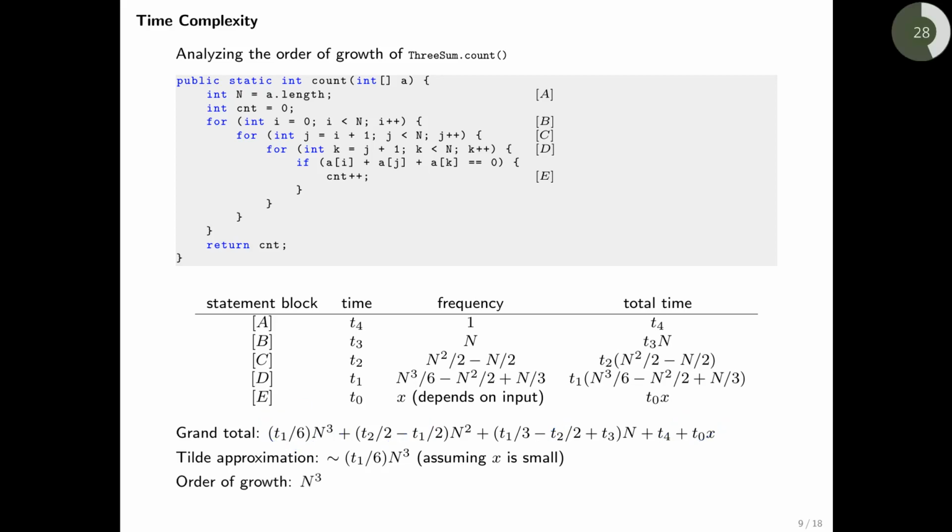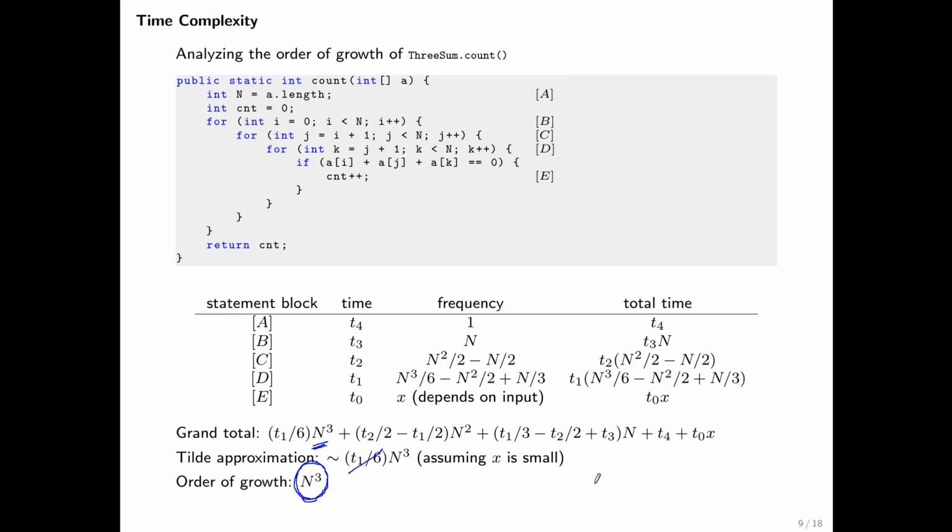And then the order of growth is simply this expression with the coefficient ignored. So the order of growth is simply n cubed. When n is large, it's really this term that matters, and the lower order terms and this coefficient do not matter at all.